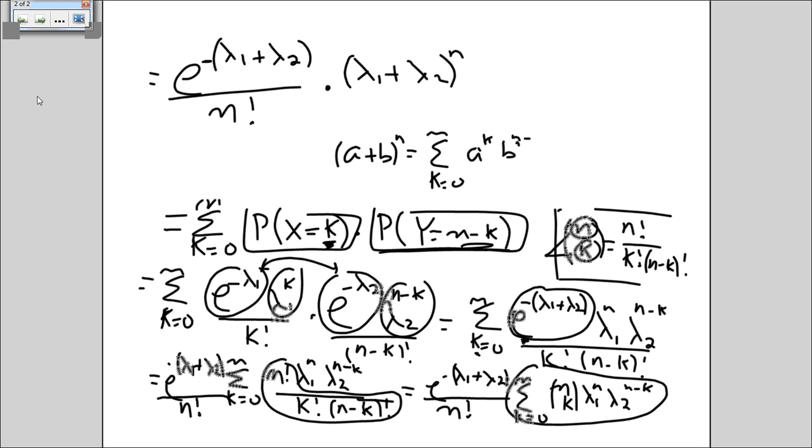I forgot to put in our n choose k first, and I could have written it first. But that's exactly what I have down here, except that's lambda 1 now, and that's lambda 2.